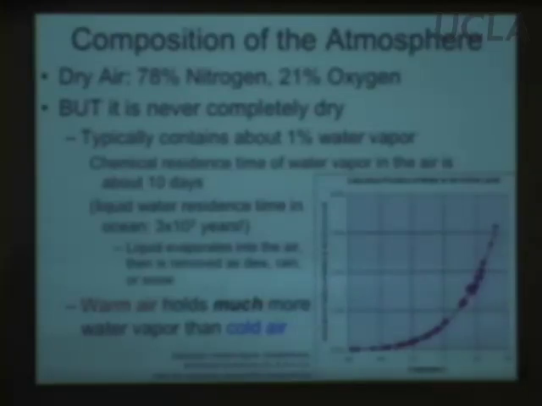On the y-axis is the maximum amount of water vapor that can be held by the air. And at 0 degrees, at freezing, it's a fraction of a percent. By the time you get up to about 10 degrees, air can hold about 1% water vapor. 20 degrees, it's close to 2%. And if you're in a really hot, muggy summer day, it can be 3% or more.